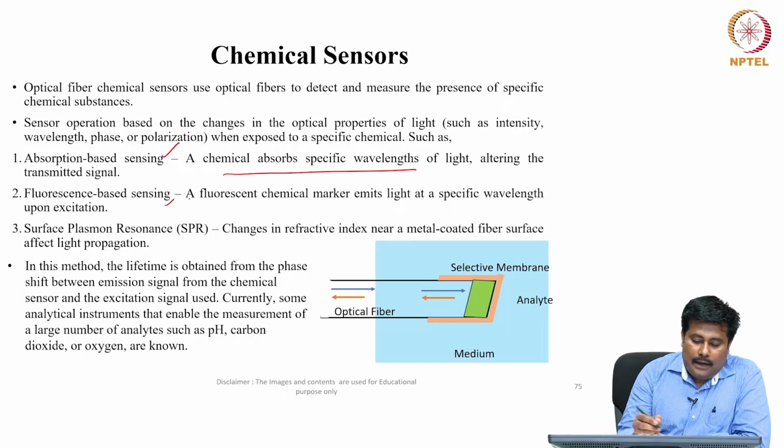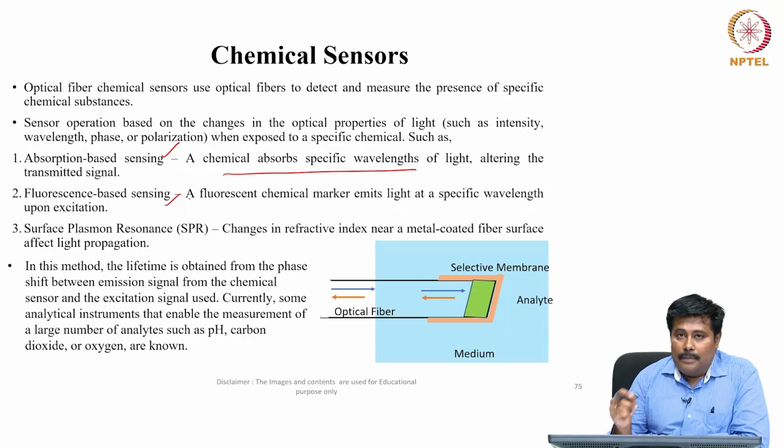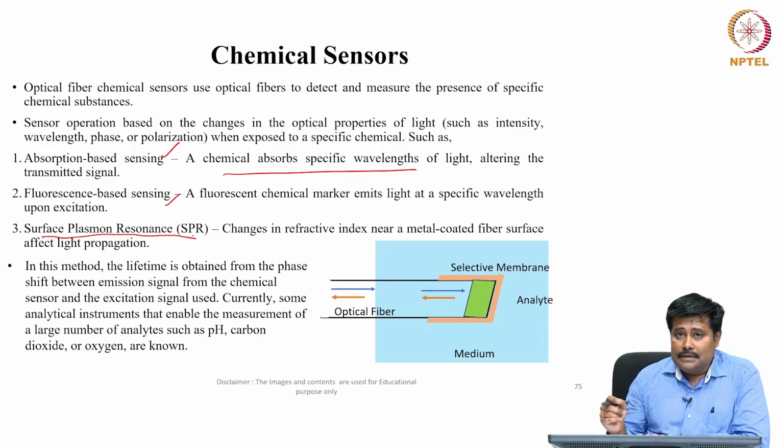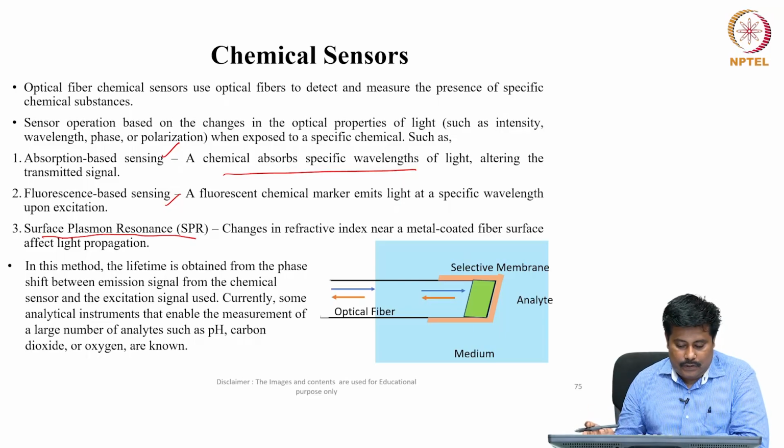Fluorescent based sensing: a fluorescent chemical marker emits light at a specific wavelength upon excitation. Surface plasmon resonance: a change in the refractive index near a metal coated fiber surface which affects the light propagation. So, in this method, the lifetime is obtained from the phase shift between the emission signal from the chemical sensor and the excitation signal used.